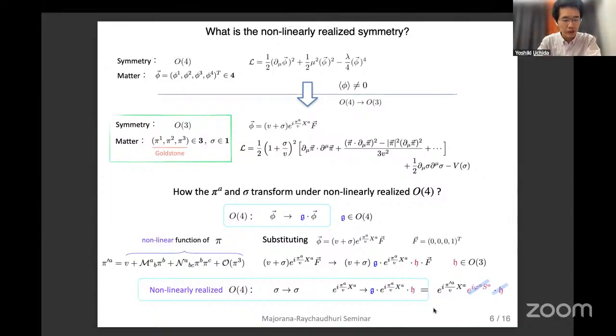And we call this symmetry a nonlinearly realized symmetry because the Goldstone-boson field after the transformation, pi prime, is no longer a linear function of the pi before the transformation, but a nonlinear function of the pi.